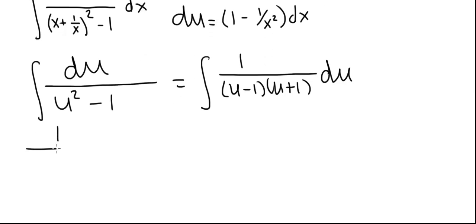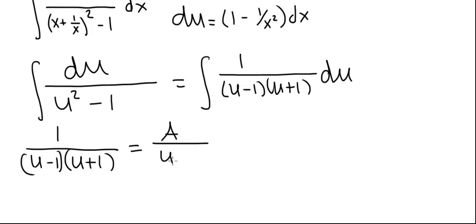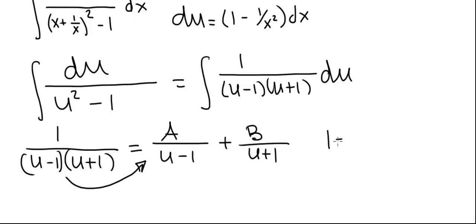So I'm going to take 1 over u minus 1 times u plus 1 and write it as a divided by u minus 1 plus b divided by u plus 1. Multiplying both sides by the denominator on the left, we have 1 equals a times u minus 1 times u plus 1 times a over u minus 1, which is a times u plus 1, plus b times u minus 1.